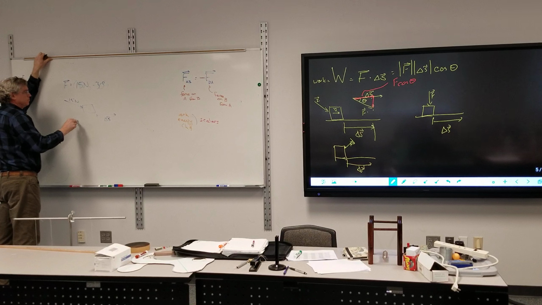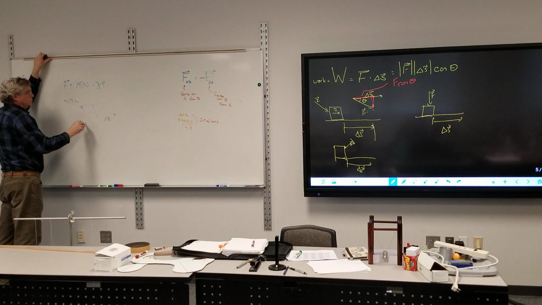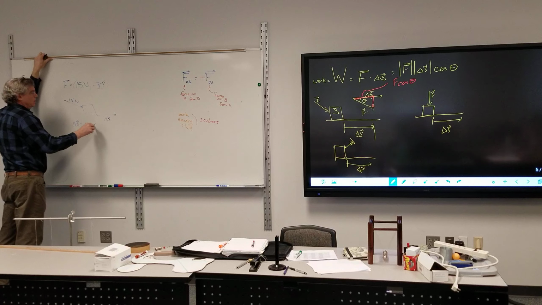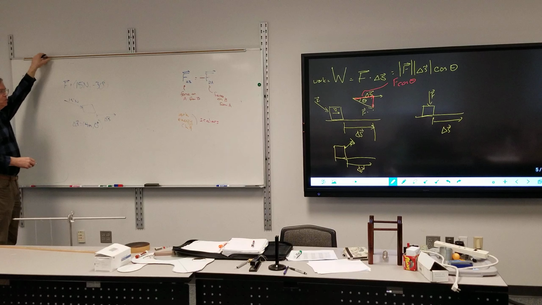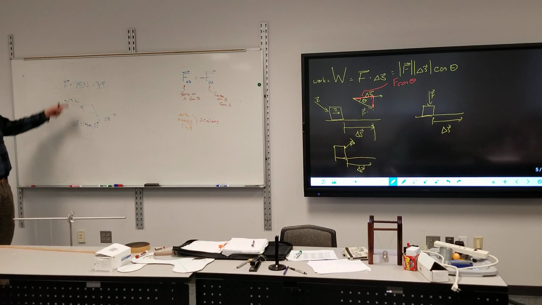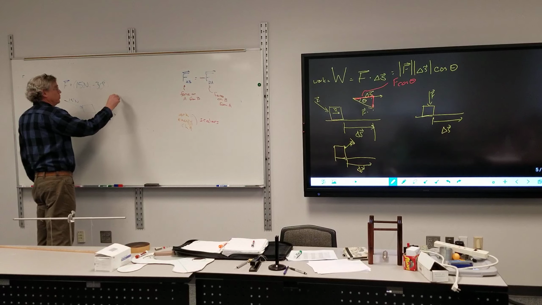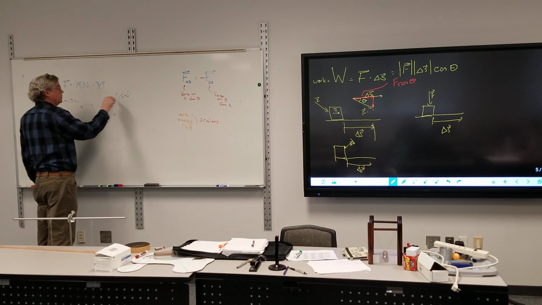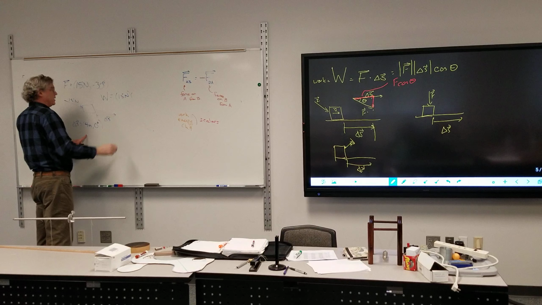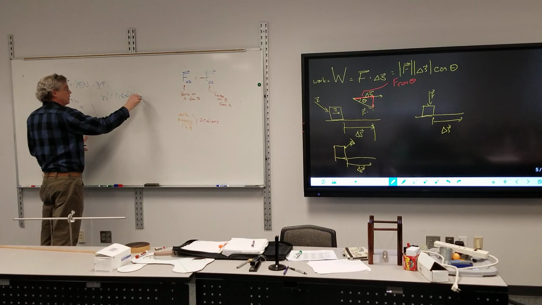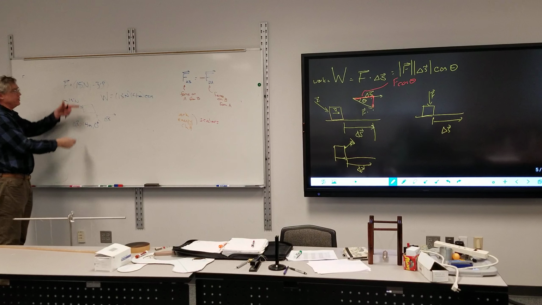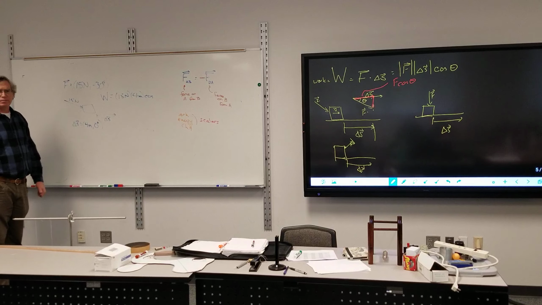And the displacement is 4 meters and 0 degrees. What is the work being done? Well, I just multiply these two. It's a dot product. So I'm going to do 15 newtons, the magnitude of the force, times the magnitude of the displacement, times the cosine of the angle between them, which is 30 degrees.